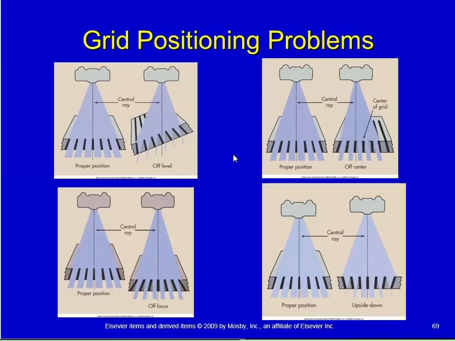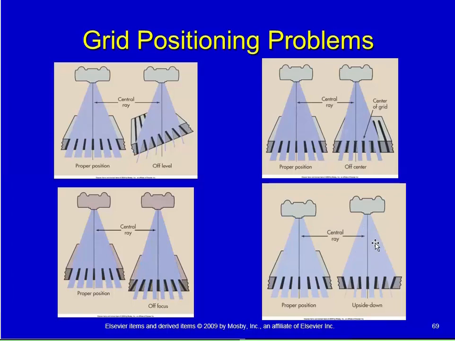One that is very specific to focus grids, this is not a problem on a parallel grid, by the way. It's not even as much of a problem on a crosshatch that's parallel grid. Crosshatch focus grid, you've got a disaster here. So a couple of things that are not a problem on parallel grids are this, and then upside down grid.